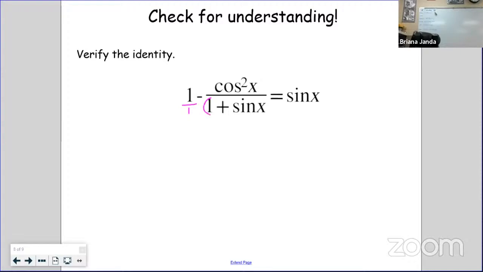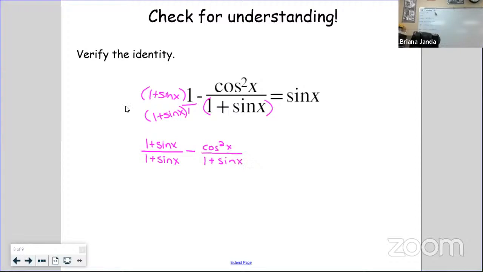Our common denominator would be this whole thing, right? So I'd have to multiply by 1 plus sine of x, top and bottom. Pause there.